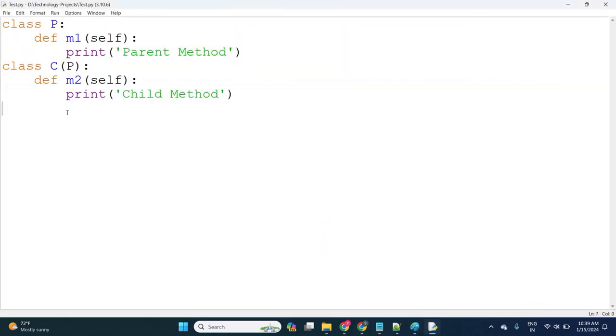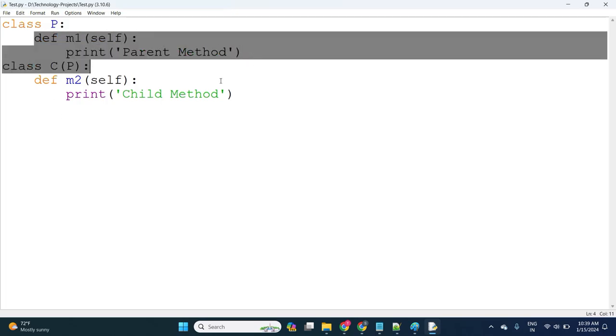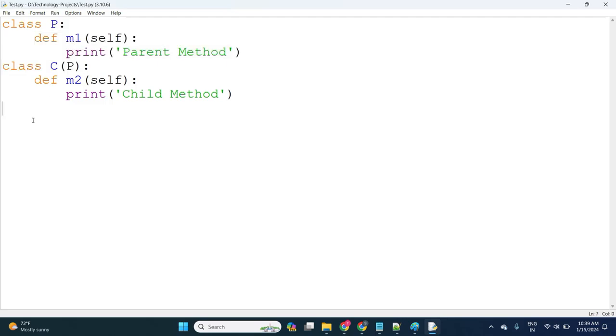So observe this programmatically. I've taken class Parent with one instance method, and the child class has the same. Extra here, I'm taking another child class extending the first child class.